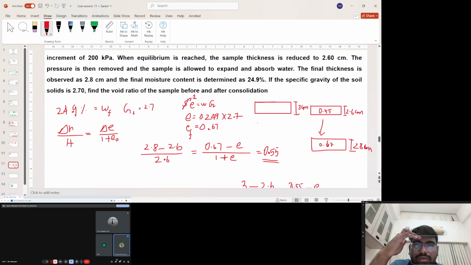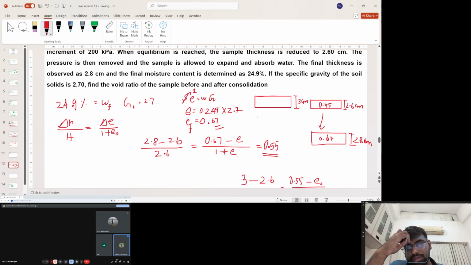Getting final value, we are getting as 0.67. This is fine. Here it is e, this is the initial value. This is the initial thickness.